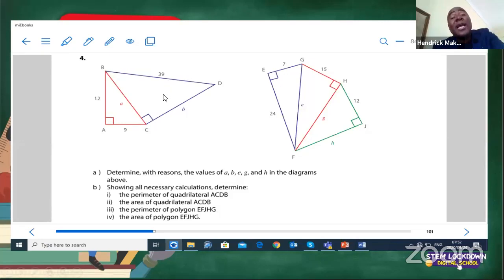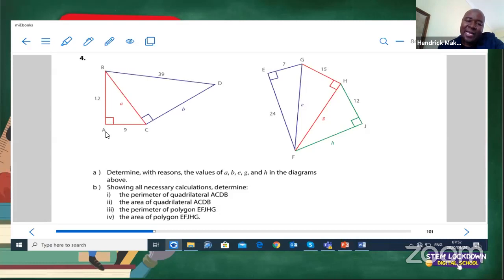In order to find the perimeter, yes, you add all these numbers that you already have. So it will be AC plus CD plus DB plus AB.